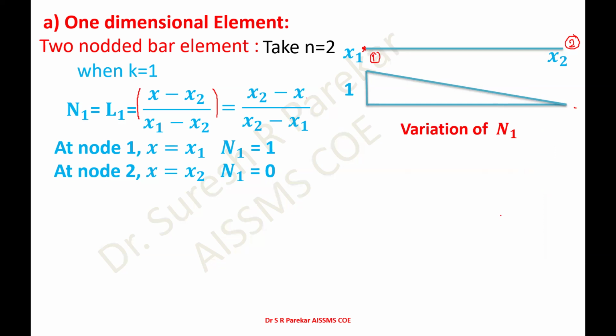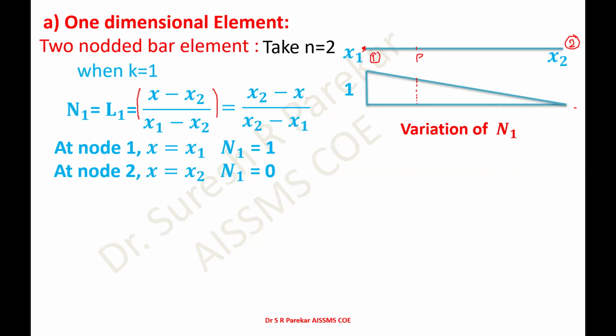Now we will go to k equal to 2, meaning we are going to find the shape function at 2. What does the variation of N1 show? It shows the value of N1 at any point. If I consider some point P, then the value of the shape function at P will be this value.